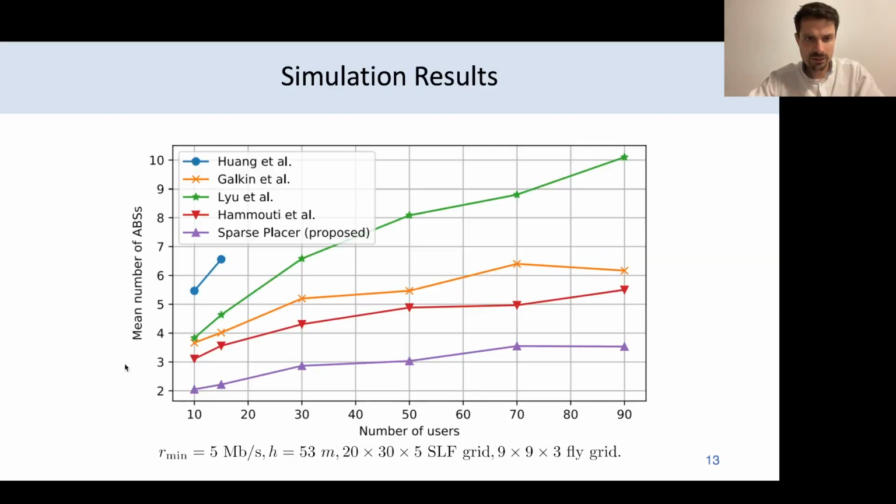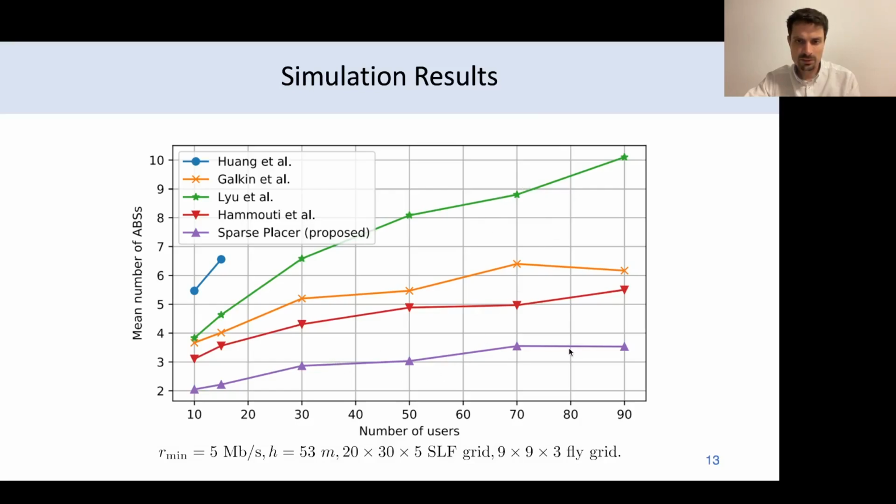So here we have the metric that I just said versus the number of users. We see that the proposed algorithm gives rise to a significantly lower number of ABSs than the competitors.